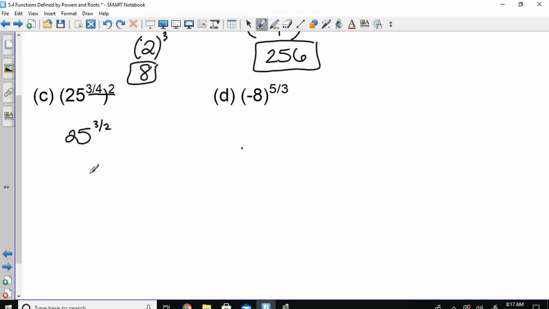So if I wanted to write that as a radical, that's telling me I have the square root of 25 to the 3rd power. What is the square root of 25? So then 5 to the 3rd is 125.